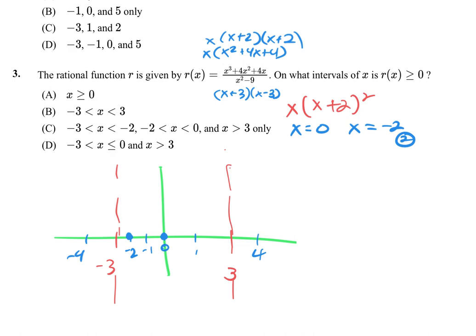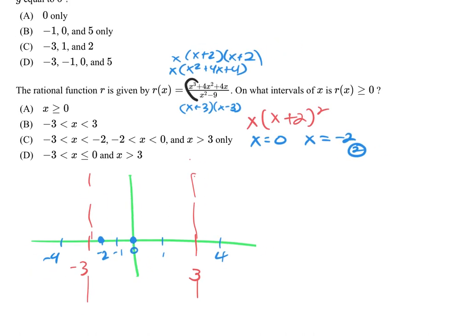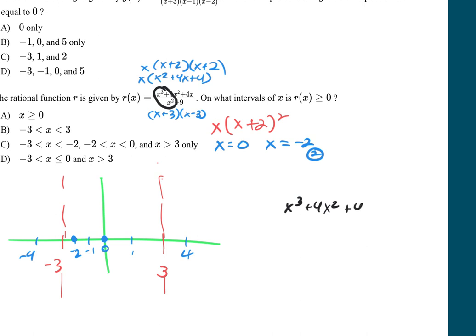There's also a slant asymptote, so now that we know that, because it's bigger, I would get x to the third plus 4x squared plus 4x plus 0 divided by x squared minus 9, right? Yeah, -9. Which means there's an x squared plus 0x.